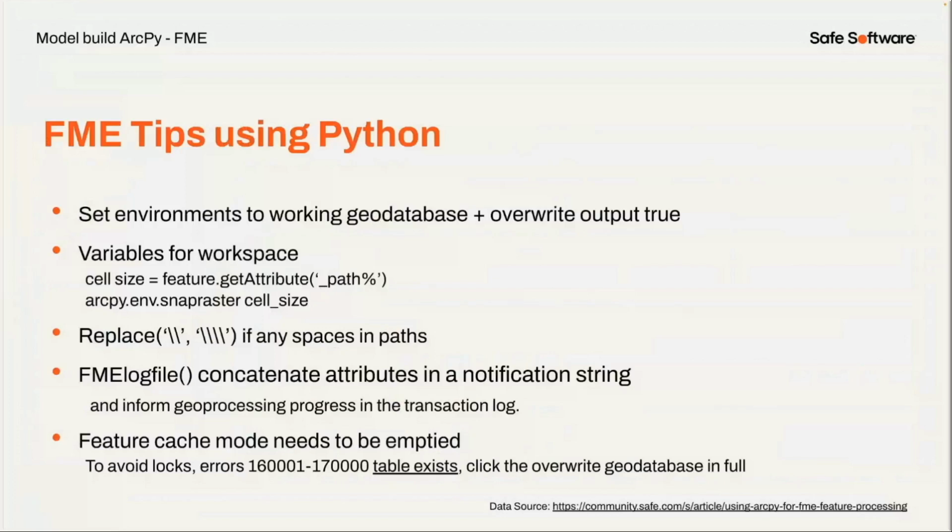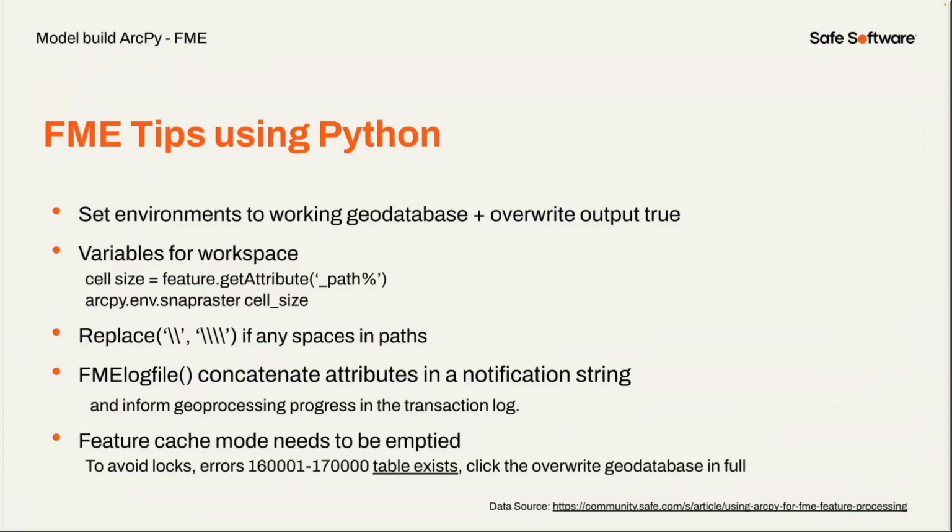So some of the tips or learnings from my dabbling in Python: setting those environments, and dabbling a little bit with variables, working with the FME modules to capture the feature path to get attributes. I had some spaces in some of my file paths unknowingly, and you can just use a simple replace for that inline within the Python.